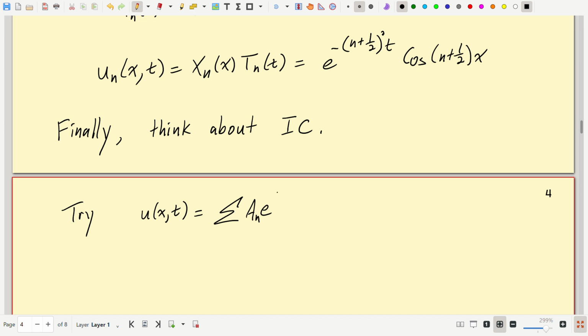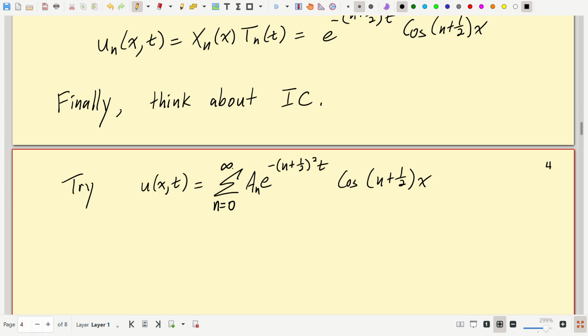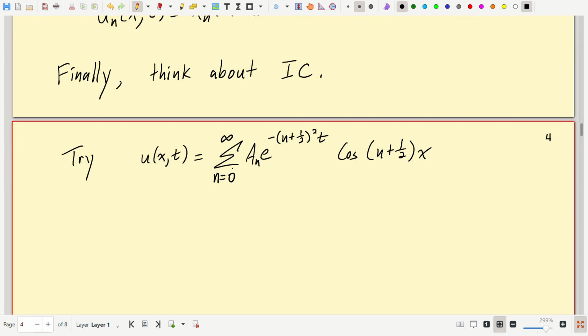How about a sub n's, times e to the minus n plus a half squared t, cosine n plus a half x. Finitely many wouldn't be enough, and probably we have to take infinitely many. And who knows, maybe that's not enough, because that doesn't look like a full Fourier series.